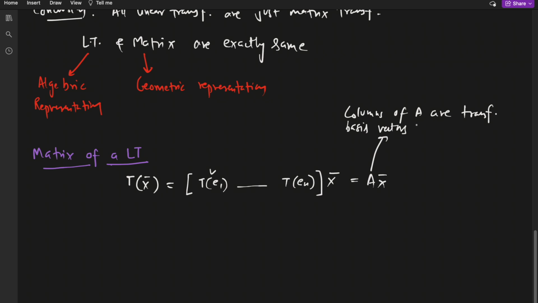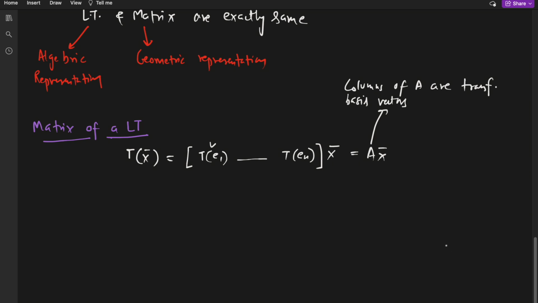That is why basis vectors are a very important topic, because if you know everything about basis vectors, like how they are transformed, then you know everything.